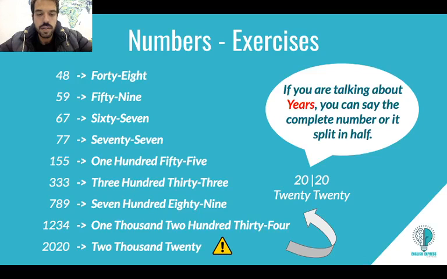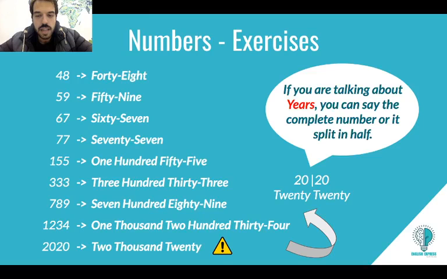You can say 2020, just like we just checked, or you can also split it in half. So you're going to have number 20 and the other number 20, right? So we're going to say 20 20, okay? That's the year that we are in now, okay?